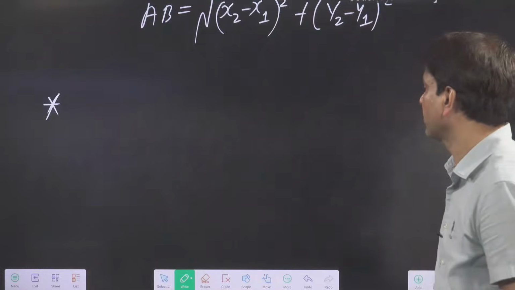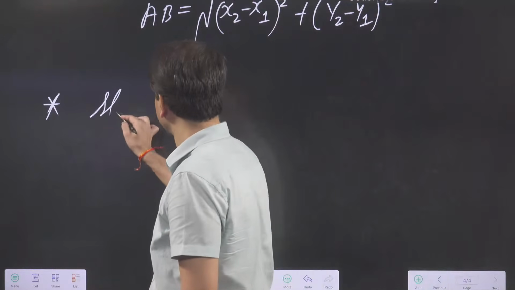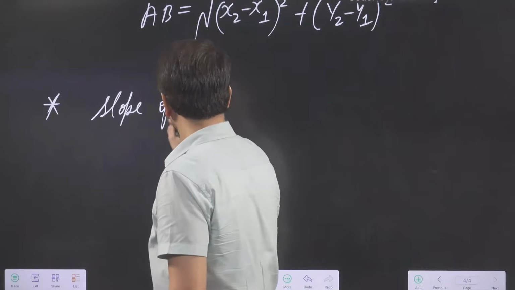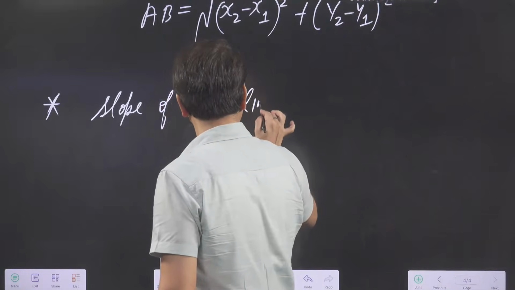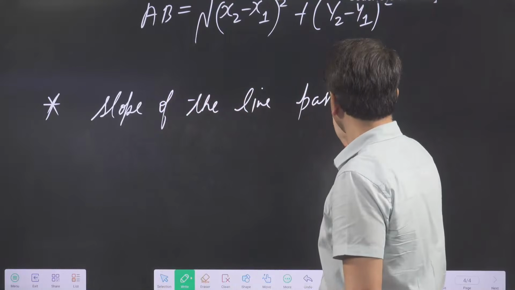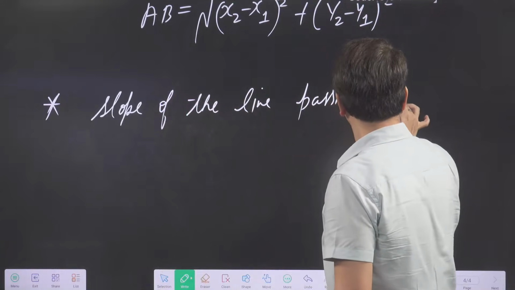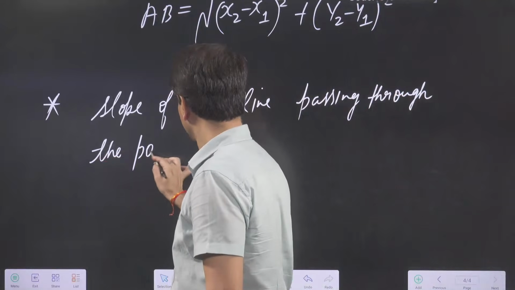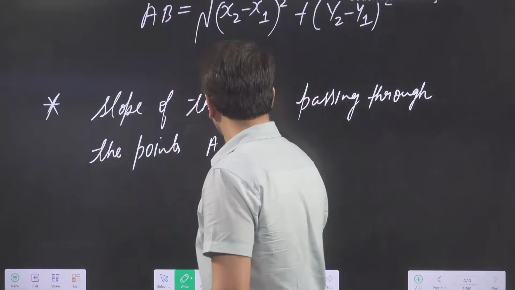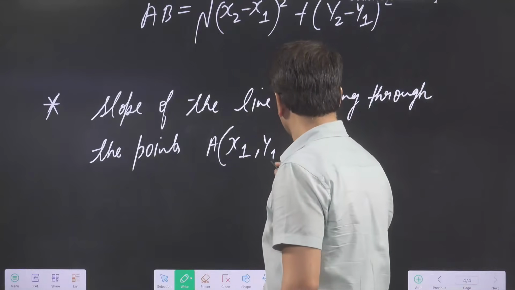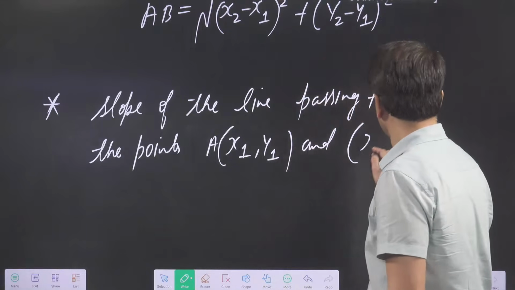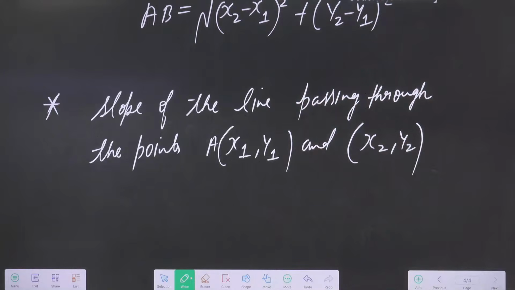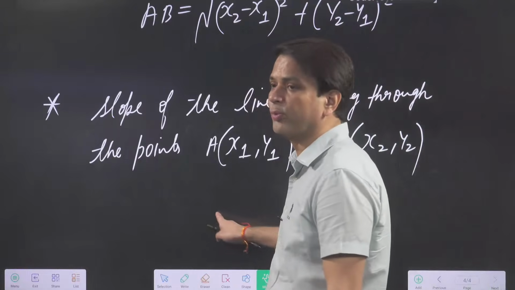Okay. Now, if I am saying slope of the line passing through the point x1 comma y1 and x2 comma y2, so 2 points are given, and we want the slope of that straight line.